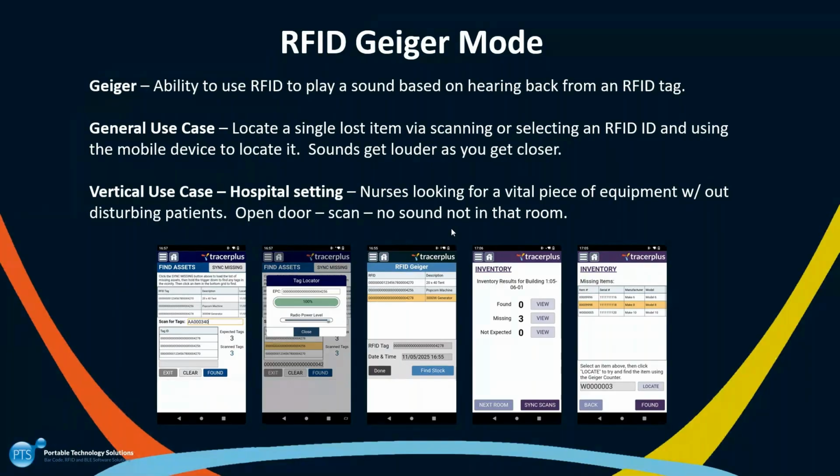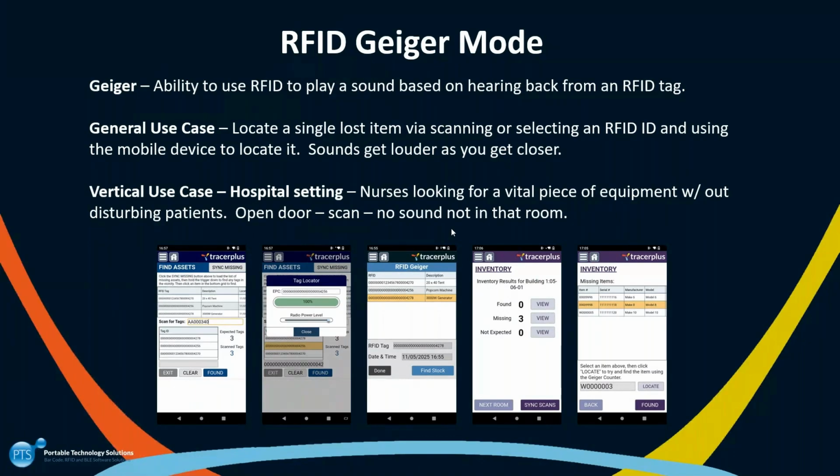So a general use case for Geiger could be for locating a single lost item. You can either key in or scan or even select a tag that you're looking to find, and then click a button to pop up the Geiger counter, and then simply hold in the trigger to use that Geiger feature.